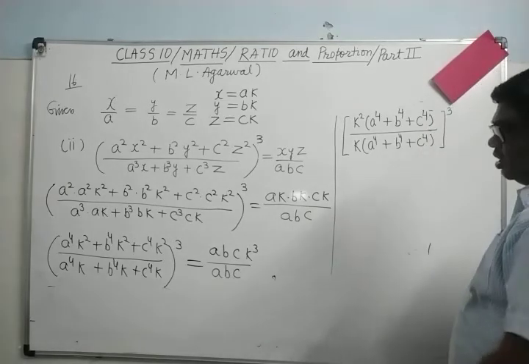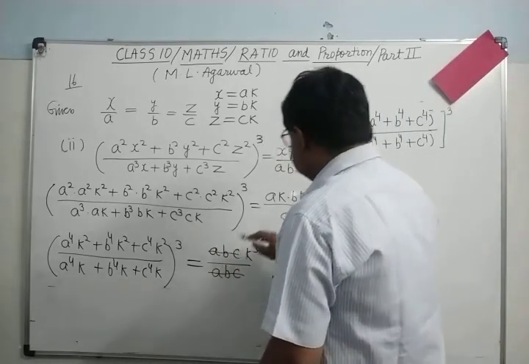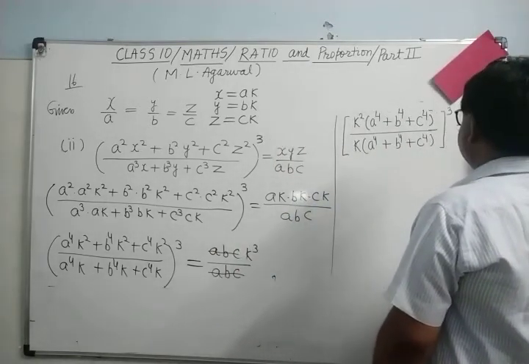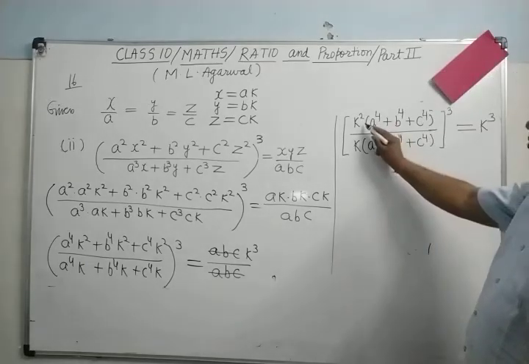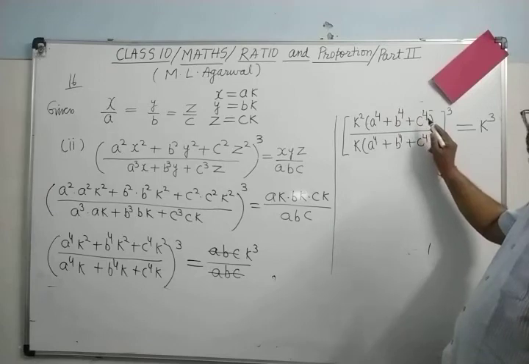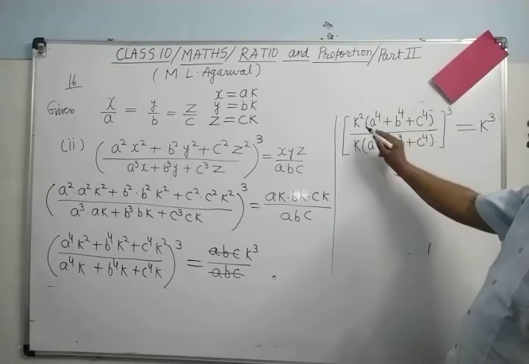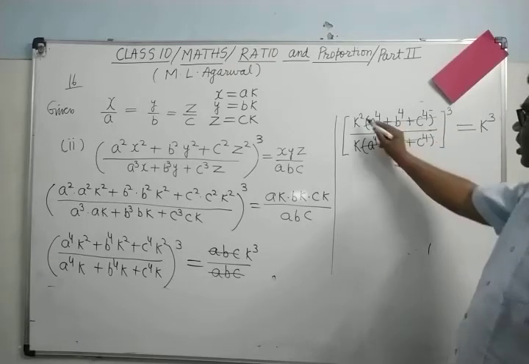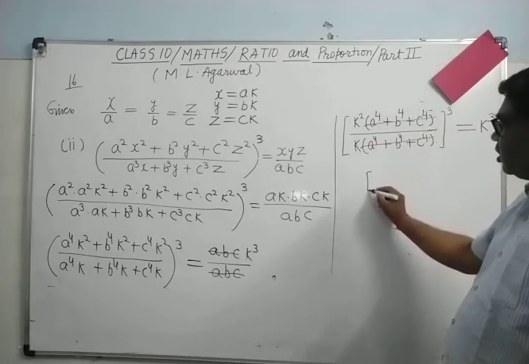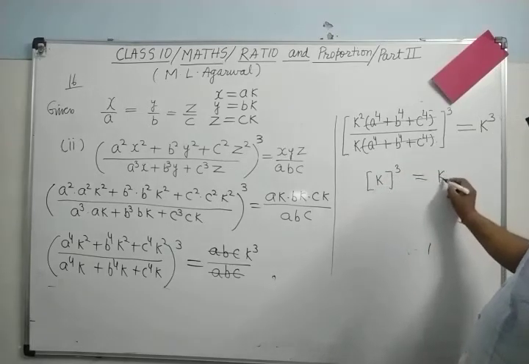This abc will be cancelled with the abc, and what will be left is k cube. Now this bracket a power 4 plus b power 4 plus c power 4 is in the denominator also, so it will be cancelled. k square upon k is k, whole cube equals k cube.